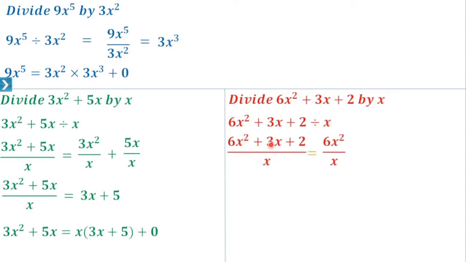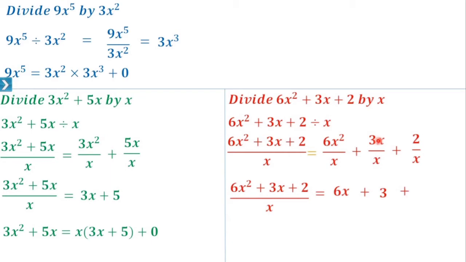We have to divide each term by x. 6x square by x plus 3x by x plus 2 by x. Now 6x square by x is 6x to the power 2 minus 1, that is 1. So 6x plus, x and x getting cancelled, remaining is 3.